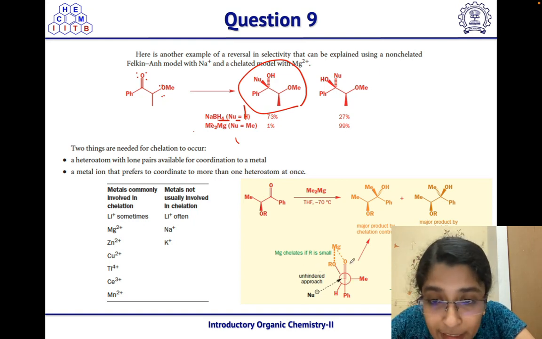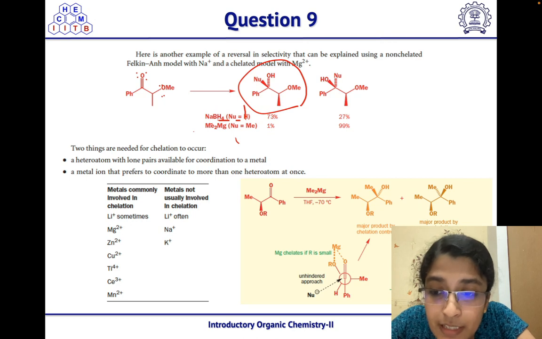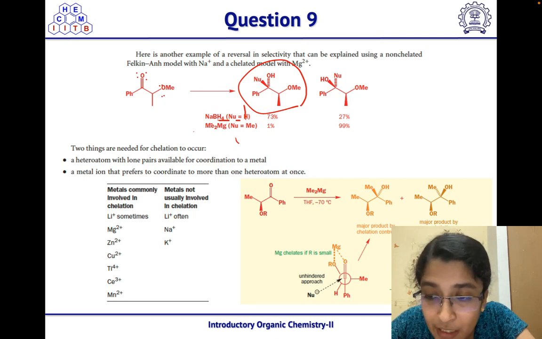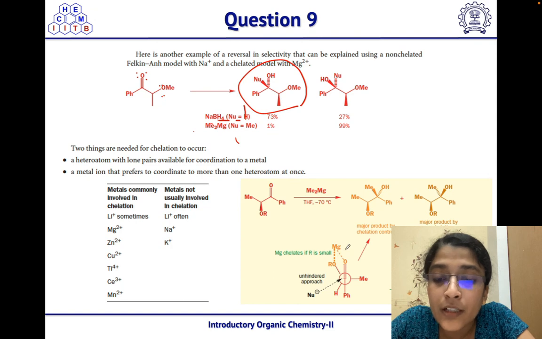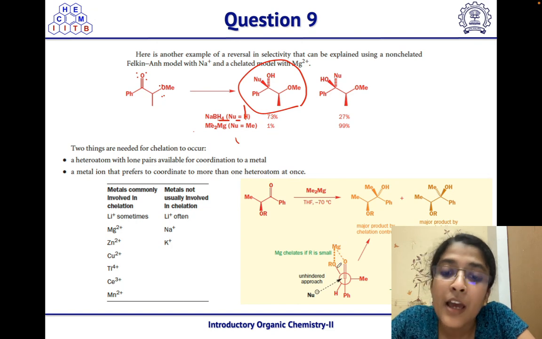This is the Felkin model as we have seen, where the nucleophile will attack from the unhindered side and give this major product. When there is chelation, we cannot write this OR group perpendicular to the carbonyl. It will be chelating with this metal, and the attack will take place from this direction.